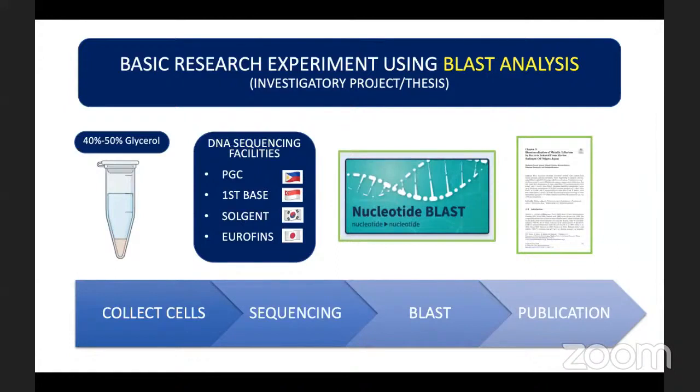And after getting a high quality DNA sequence, you can do BLAST. Those BLAST results are information that is already publishable. So that's a shortcut method in using BLAST analysis in research, especially now during the pandemic.